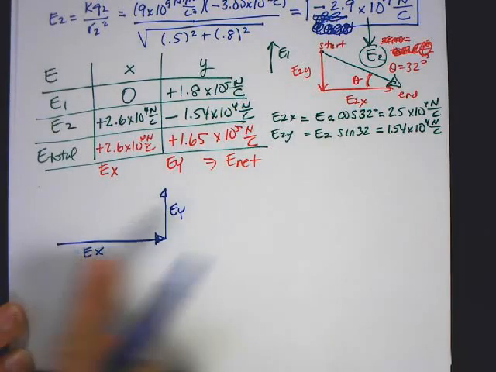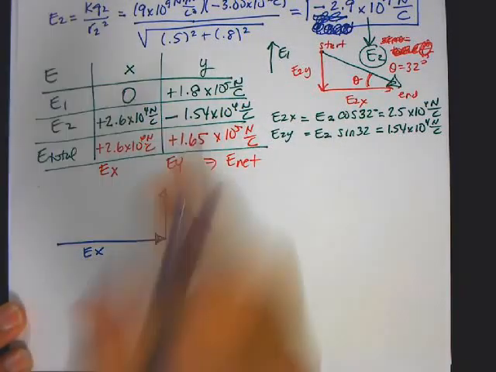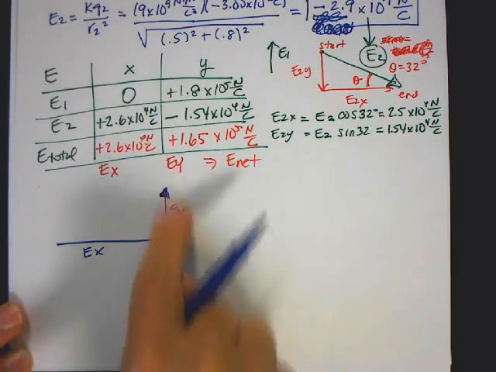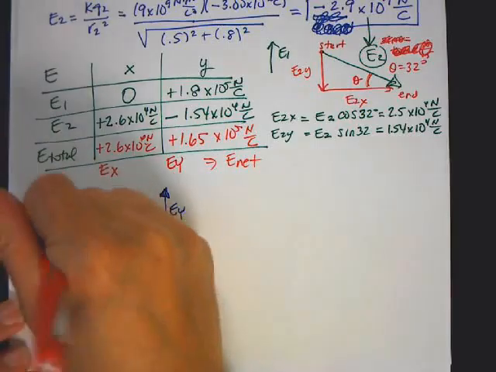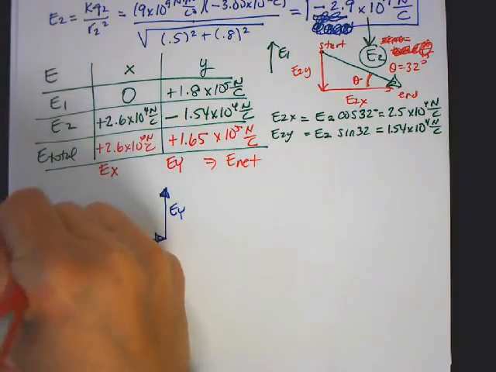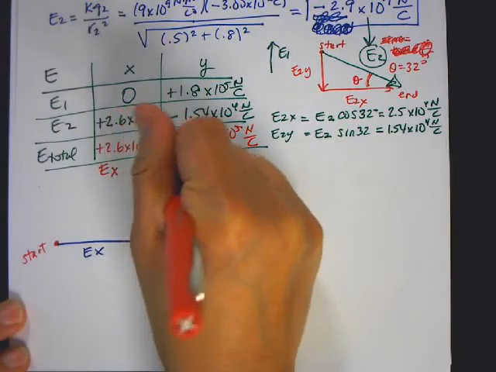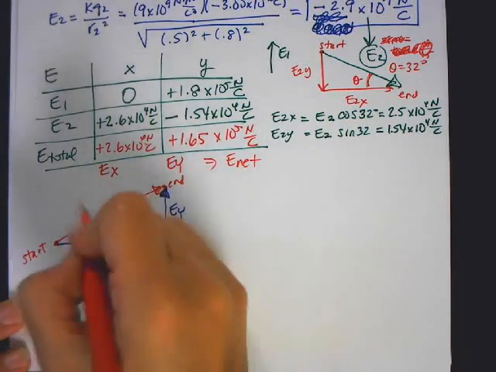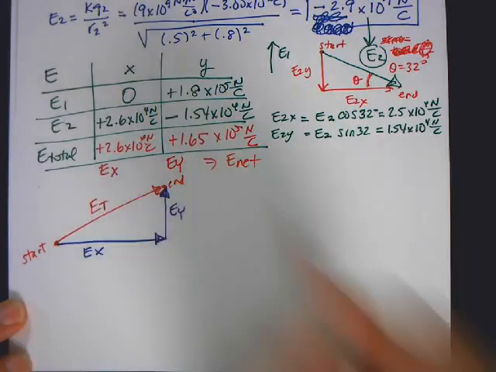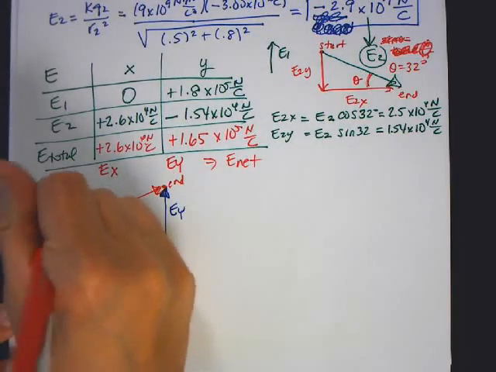This is positive. According to my sign convention, up is positive. From where I start to where I end up, this is how I'm going to draw my vector. I'm going to call it T for total. It's your net. Remember, we're using the standard Cartesian sign convention. Up and to the right is positive.